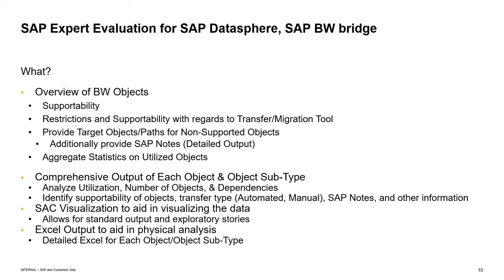So a lot of different types of outputs that we give. Again, this all gets summarized into a PowerPoint presentation that we would deliver in a readout session with the customer. But then also that is delivered as a PDF, and then the Excel outputs would be shared as well.